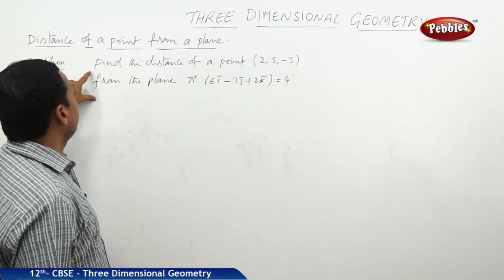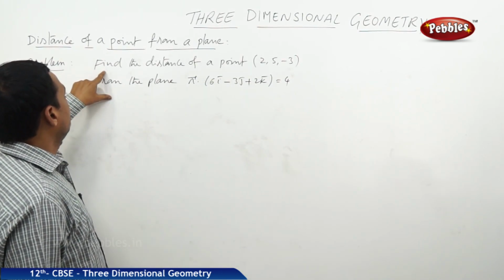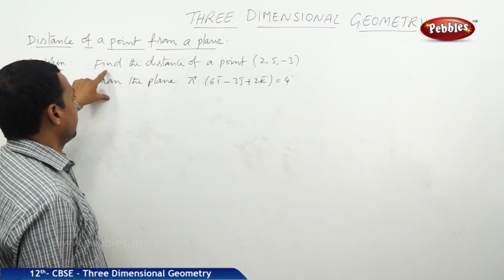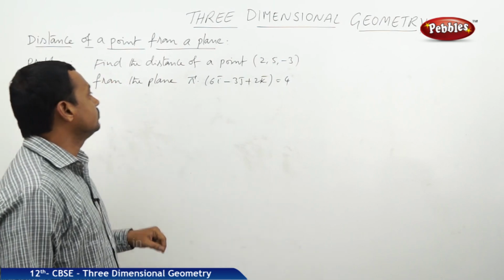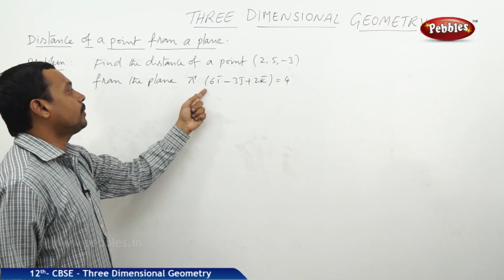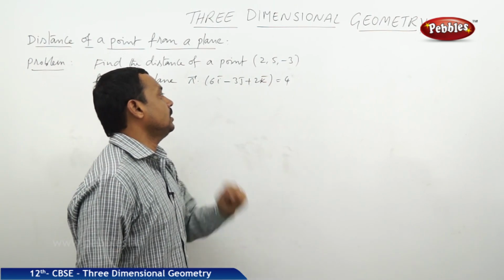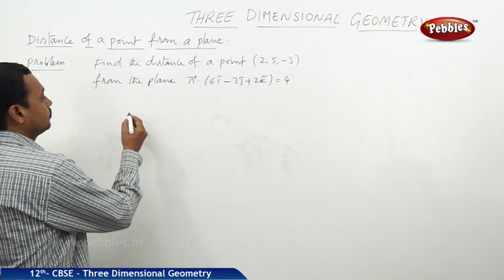Here we have a problem on the distance of a point from the plane. Find the distance of the point 2, 5, minus 3 from the plane r bar dot 6i minus 3j plus 2k is equal to 4.